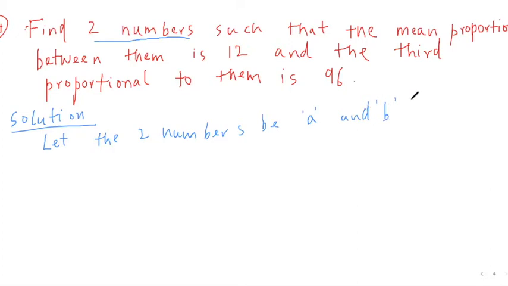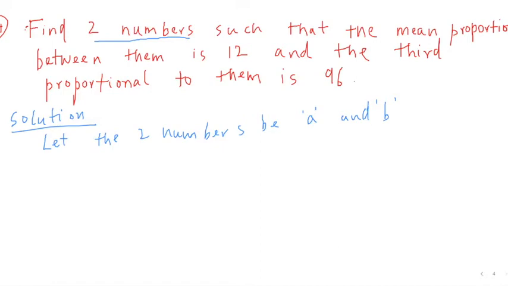We've declared the variables as A and B. So what would it mean when I say 12 is the mean proportional between them?